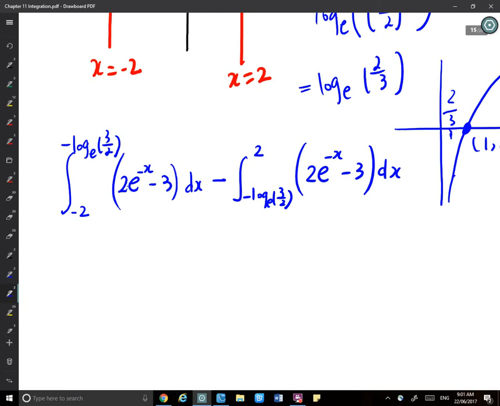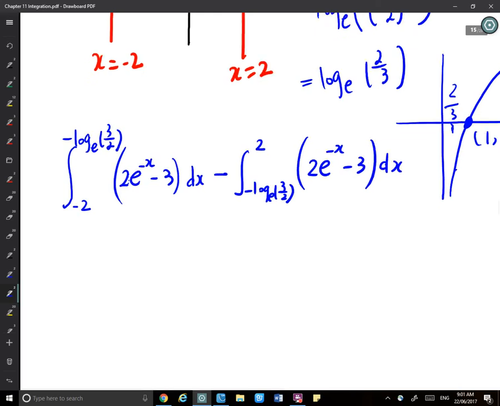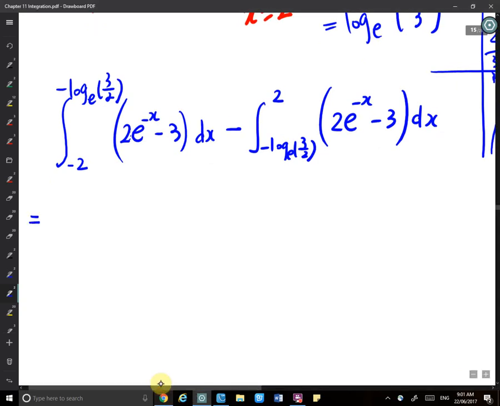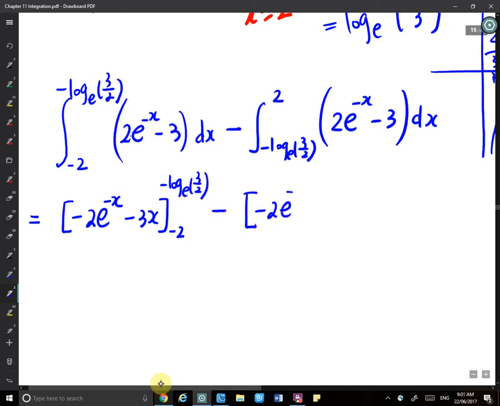Okay, so the next thing we're trying to do is integrate and substitute values in. The integral of that will be minus 2e to the power of minus x minus 3x. The values I should substitute are those two values. Minus, the same integral; the function doesn't change. The integral remains the same, and I will substitute that and 2.